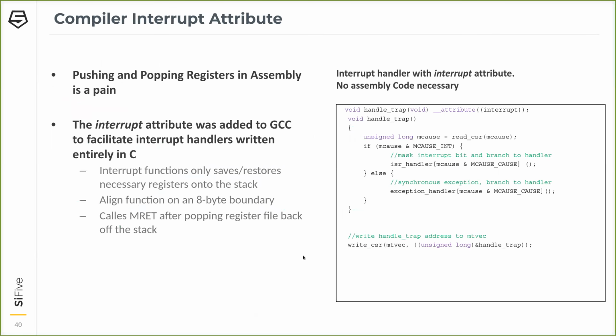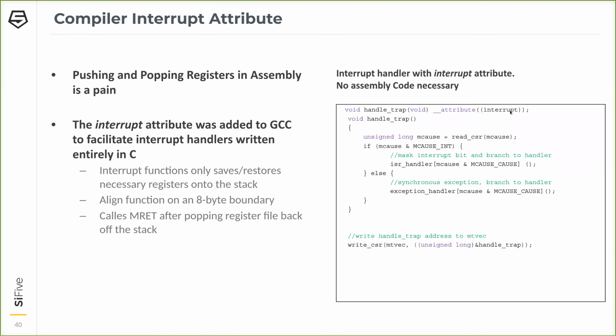Now that's great, but pushing and popping registers simply can be a pain. So the good news is you don't have to do that. In RISC-V GCC, we implement the interrupt attribute. And this allows you to entirely write interrupt handlers in C code. So in this case, we don't have an assembly routine. We simply have the handle trap function, and we pass it the interrupt attribute.